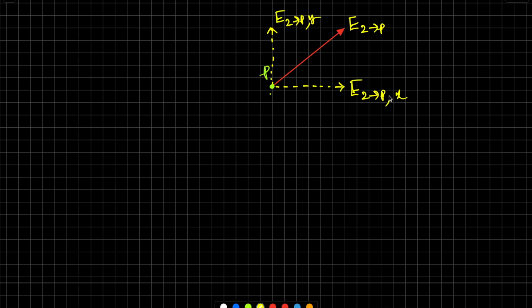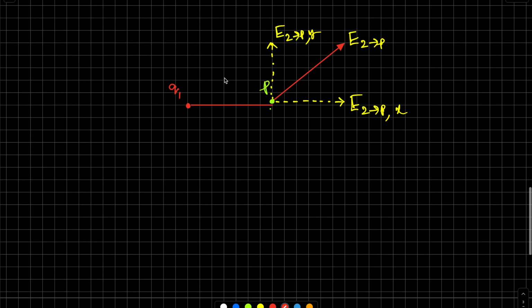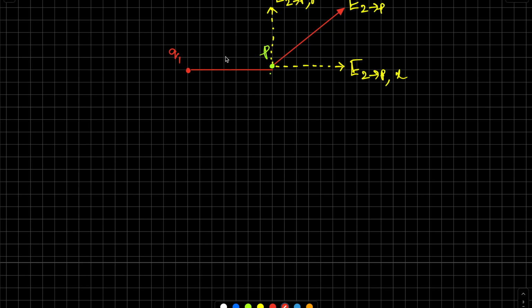To find the x component and y component, we need an angle, either this one or this one. How do we find the angle? I'm going to complete this picture. We have a charge here, Q1. This distance is, sorry, 6 meters.